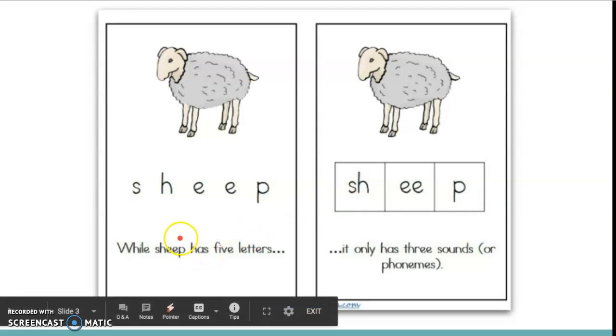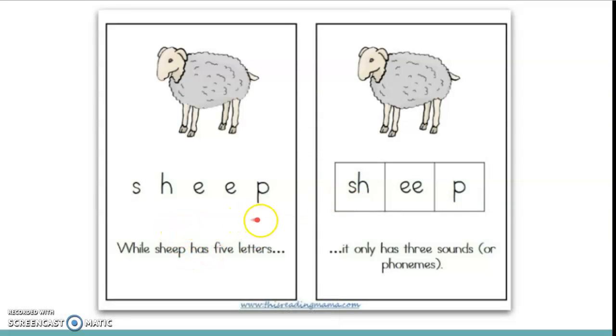Sheep. Sheep has 5 letters, but it only has 3 sounds or phonemes. So let's say we see sheep on a quiz or a worksheet. What are we going to do first? Well, we're going to whisper it to ourselves, or whatever works for you. We're going to count on our fingers the sounds that we hear. So we're going to go sh, e, p. And if you want, you can touch the word with your finger.